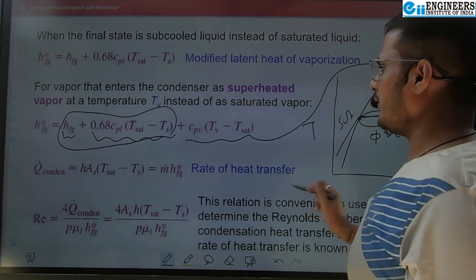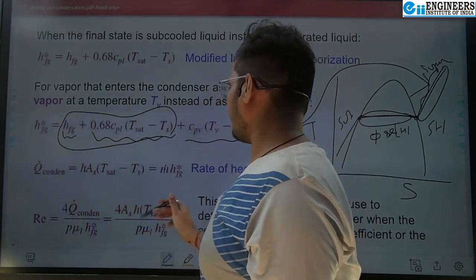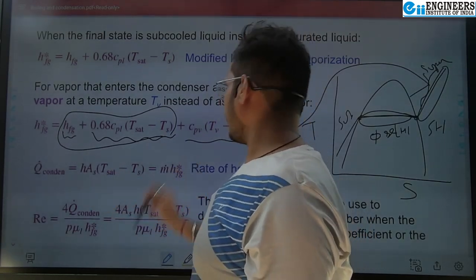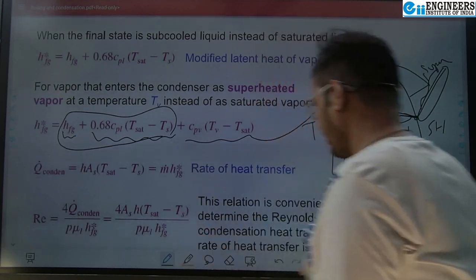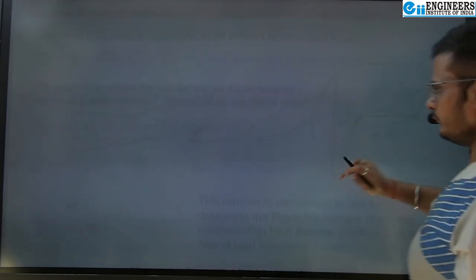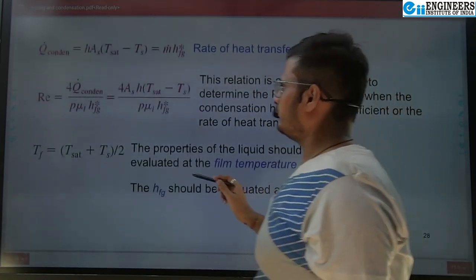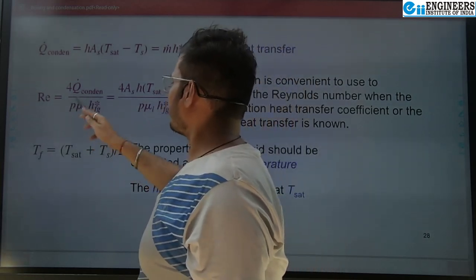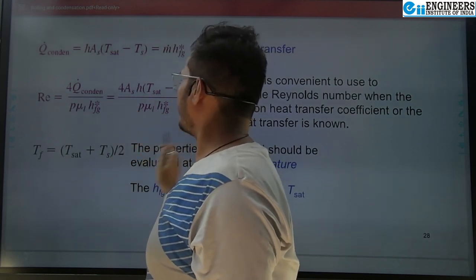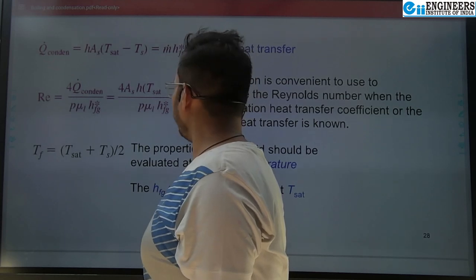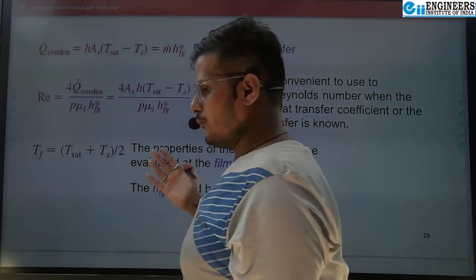Then the rate of heat transfer, Q condensation, is h A_s (T_sat minus T_s) equals m dot into hfg star. You got what hfg star is. Then the Reynolds number is 4 Q condensation by P mu hfg star. To estimate the Reynolds number, we need the property mu.